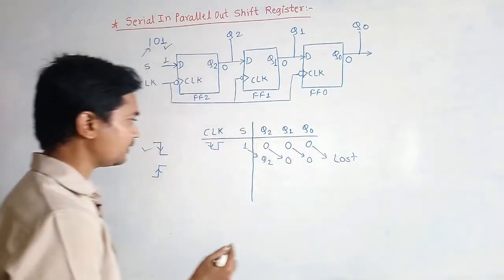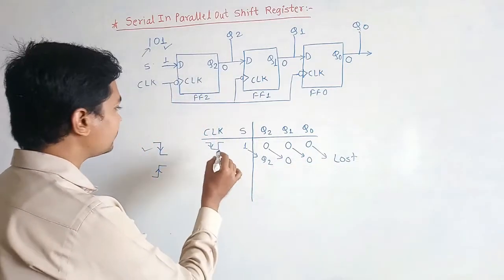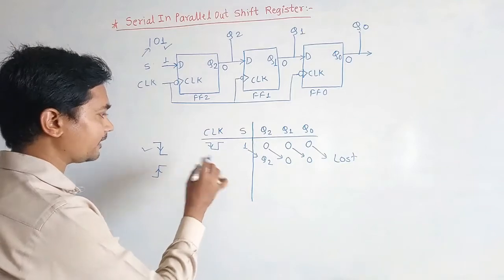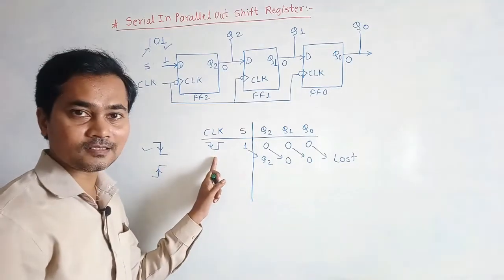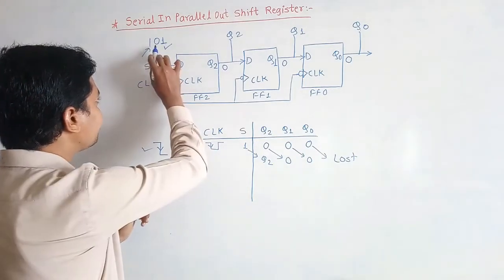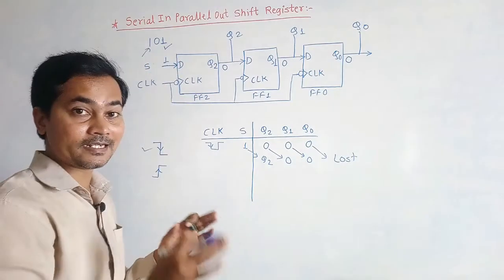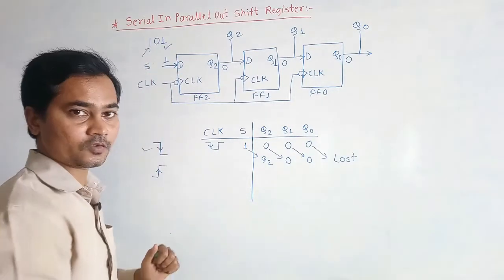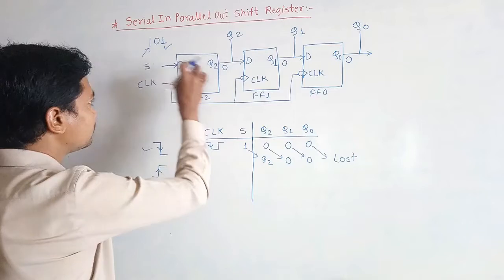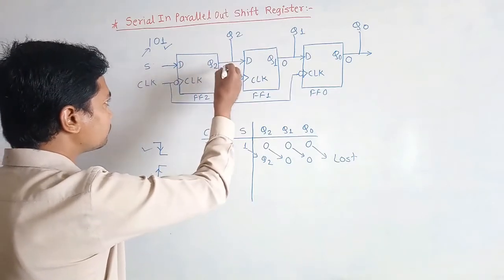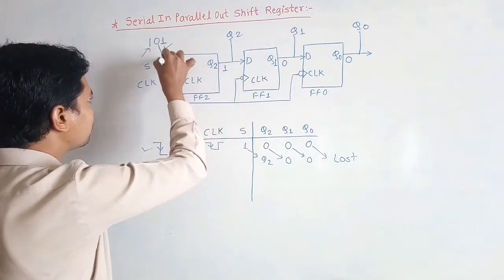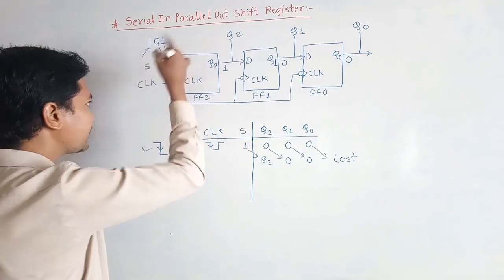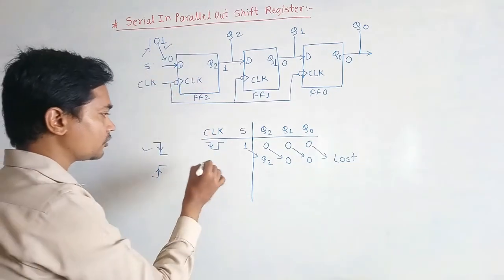Now when we apply the second clock, before applying the clock signal, the input bit should be ready at the S input. So this second 0 should be applied here, and after that the clock signal should be applied.